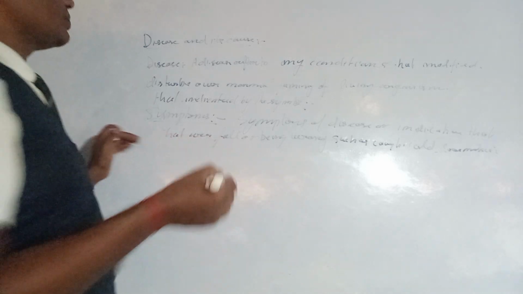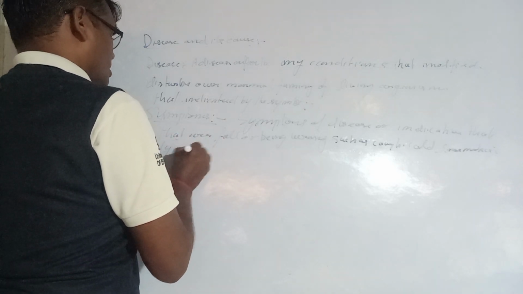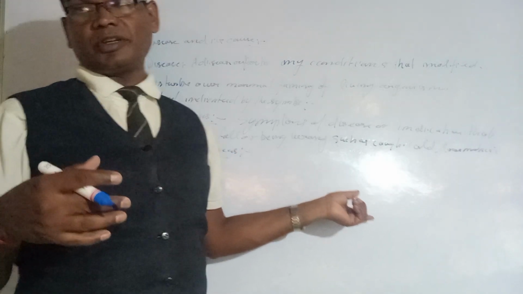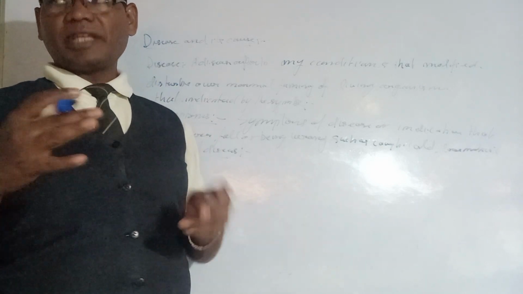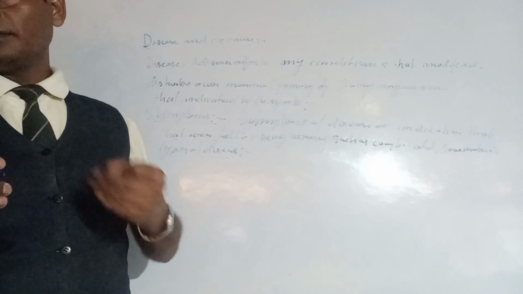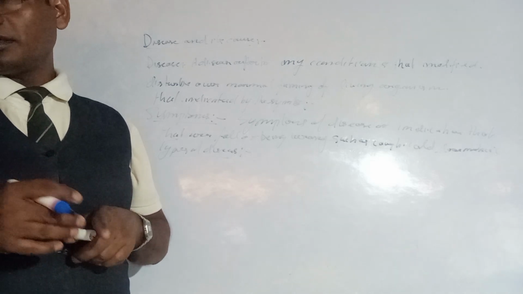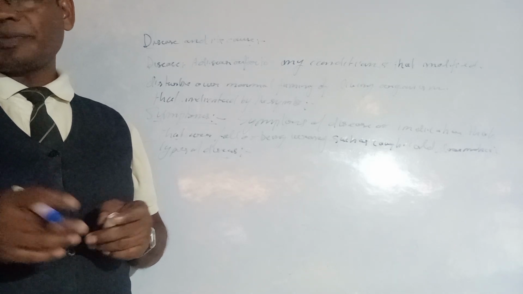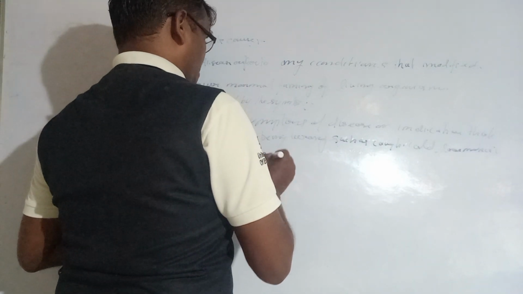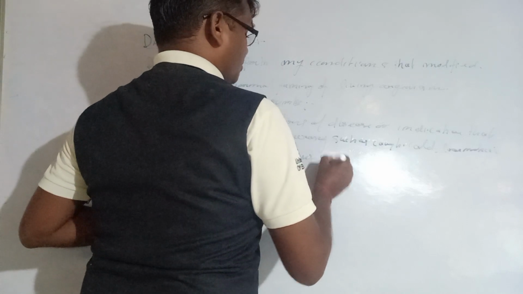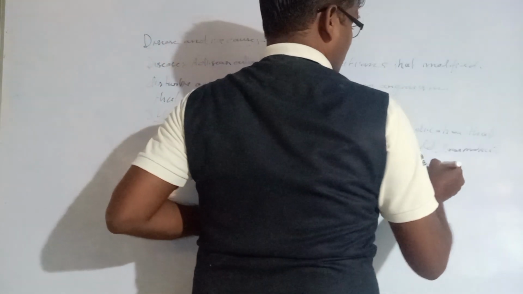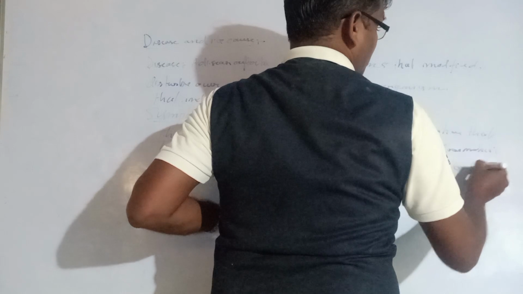So now we will discuss the types of disease. There are many types of disease on the basis of different symptoms. Depending upon the period of infection, diseases are of two types.